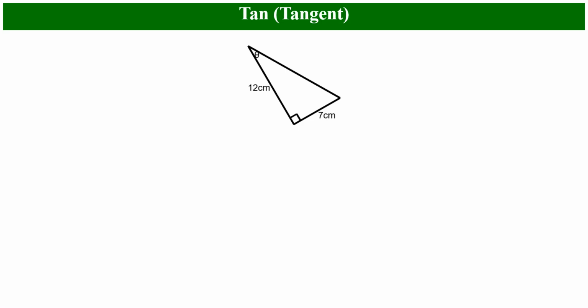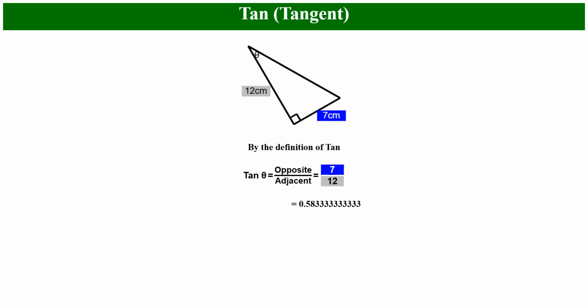And to do it, again, not surprisingly in this video, we proceed using the definition of tan. So if we write it down for this triangle, it will be tan theta is opposite over adjacent, which is 7 over 12 here. Doing that division on a calculator, we get 0.583 recurring.